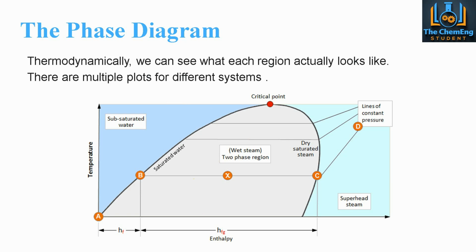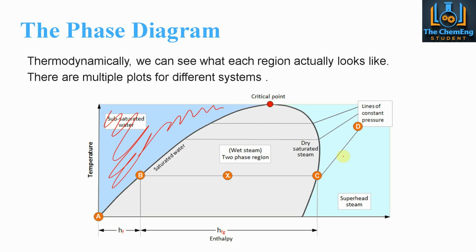It doesn't mean in the same quantity, it just means that they will exist at the same time. Whereas anything in this dark blue area, or anything to the left of the two-phase system, is saturated, in this case water. That means that there is no vapour in this entire region. There is no vapour at all.